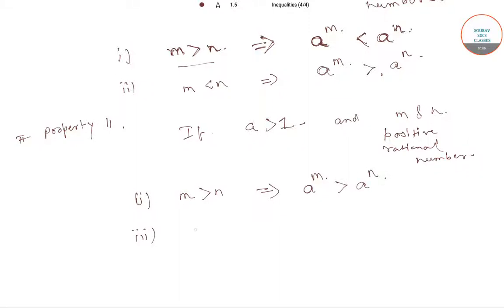Similarly, if m is less than n, then a raised to the power m is less than a raised to the power n.